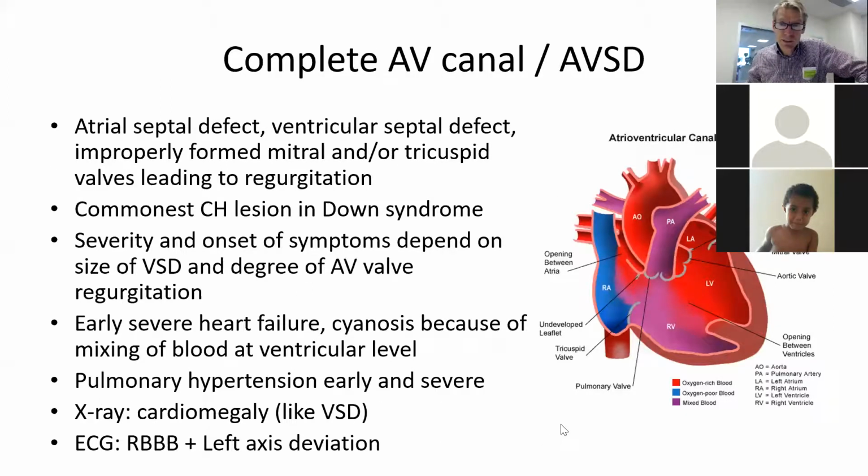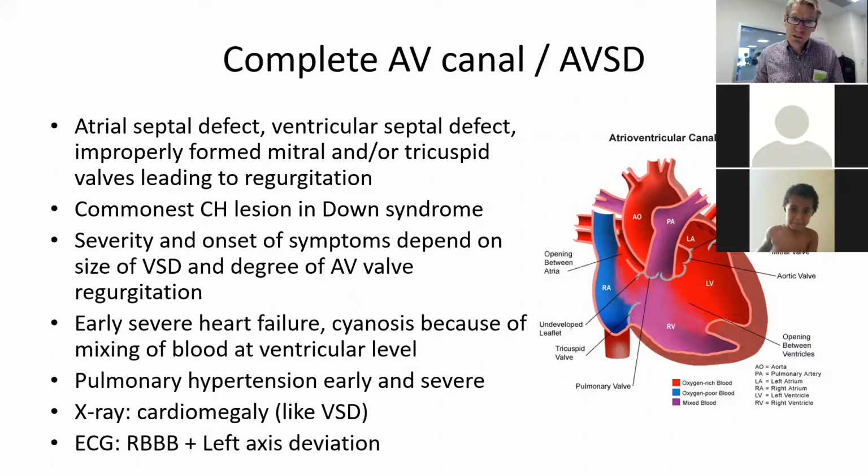The last form of large left to right shunt I wanted to talk about is a combination of the things I've just mentioned: an atrioventricular septal defect, where you've got a hole in the atria and a hole in the ventricle, and sometimes that also involves the mitral valve and the tricuspid valve, and that's called a complete AV canal.